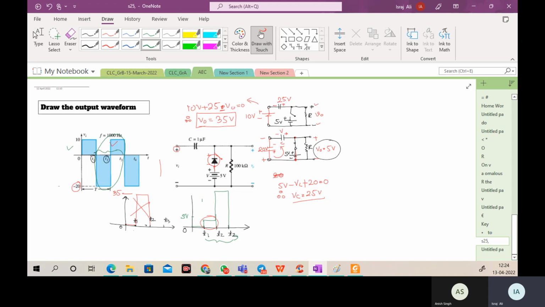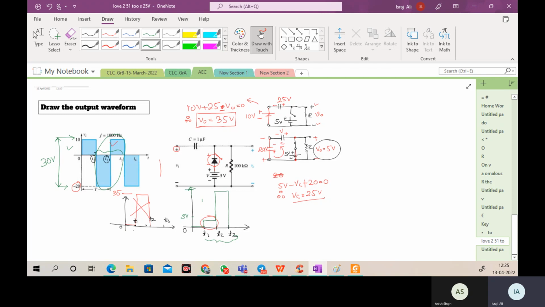So now look at here, what is the voltage level over here? It is -20. And what is the voltage level over here? It is 10. So what is the voltage difference between this one and this one? Voltage difference is 30 volt. Correct? Now the minus will not be there. Now we need to check what voltage we are getting over here.